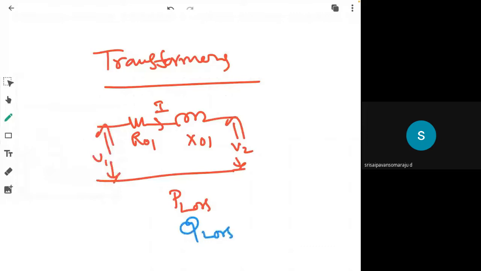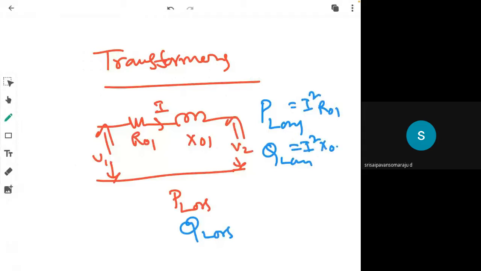P loss is equal to I square R01, Q loss is equal to I square X01. R01 and X01 are the equivalent resistance and reactance referred to the primary. Hence it is always a Q sink. It always consumes reactive power, therefore the transformer is a reactive power sink.